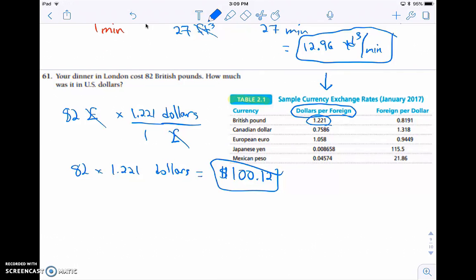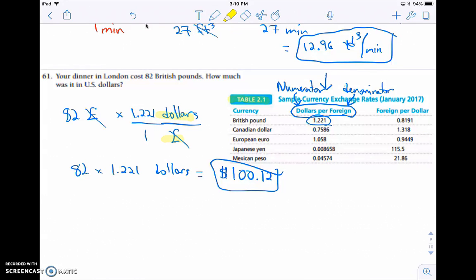So you can kind of think the numerator and then the denominator of your ratios when you see that per. So dollars per foreign, that's dollars over foreign, and that's what I was trying to initially find here to make my conversion.